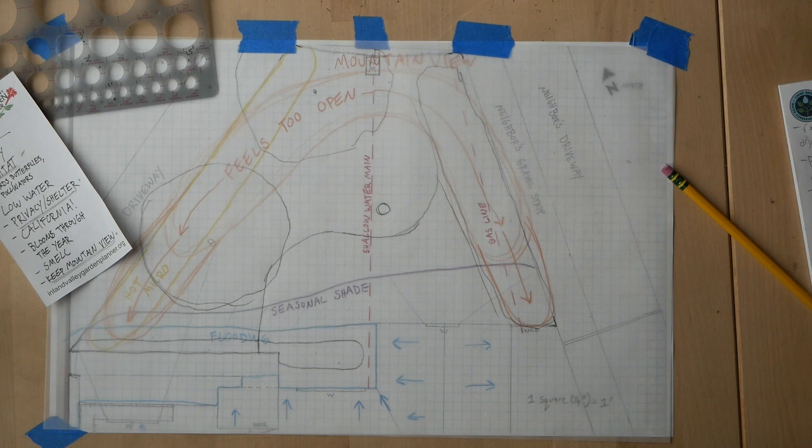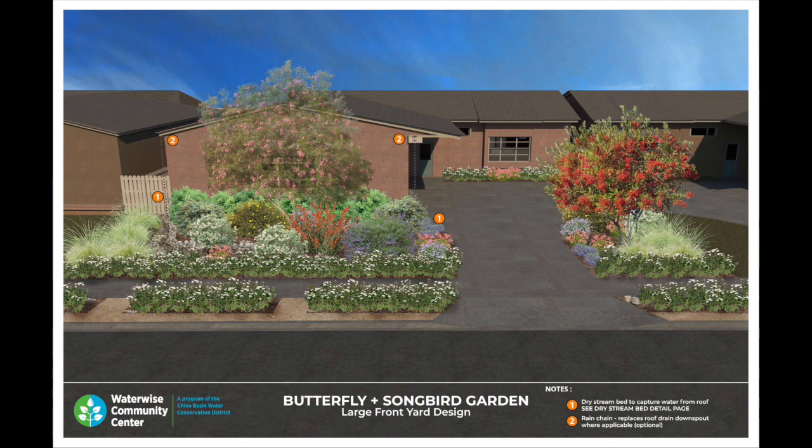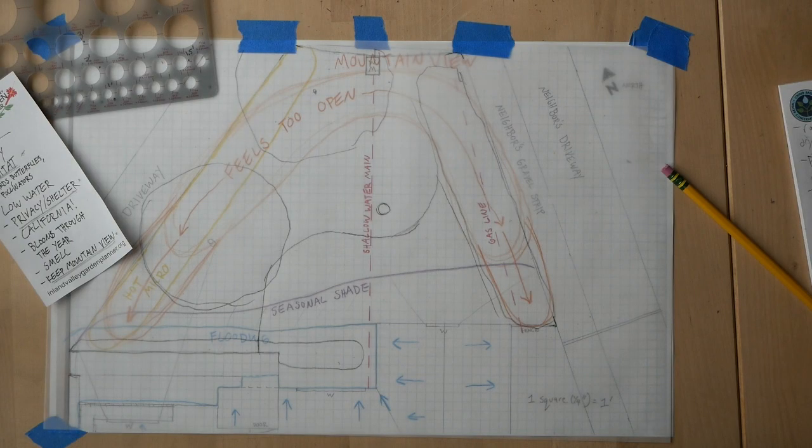And so, for example, this is a 1,200 square foot yard, so not quite a large landscape, kind of a medium size, maybe a medium large landscape. And so what I am going to be doing for this first example is I will pull some inspiration from the medium and large approaches to the songbird and butterfly garden.